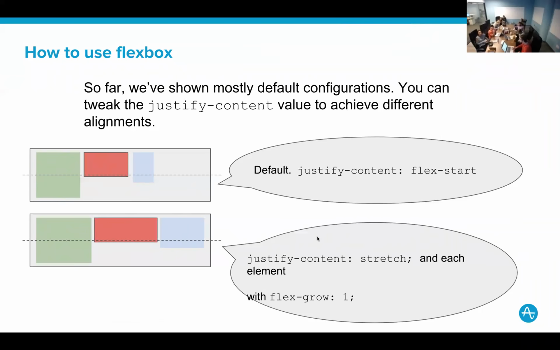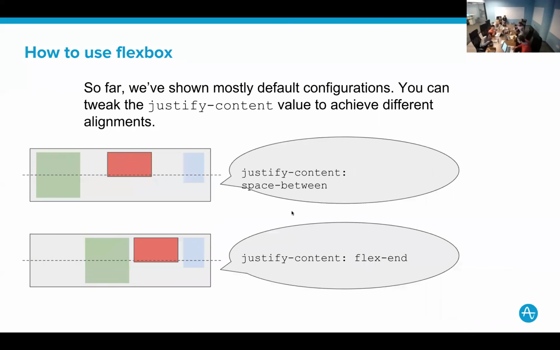But the idea of flex grow is that you're specifying how much this thing grows compared to the other things. And there's other values for justify content. You can say that you want space in between the items, and so it will fill the entire row, but it will just put space in between them.